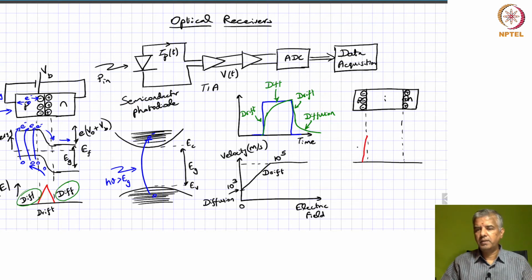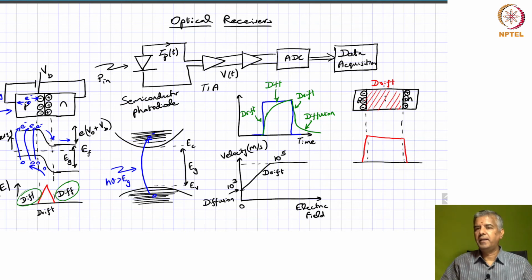It will increase over here because of the presence of these negative charges, and then will be almost uniform, and finally in this region it will come back to 0. Okay, so you can see that most of your structure here is under the influence of the electric field.